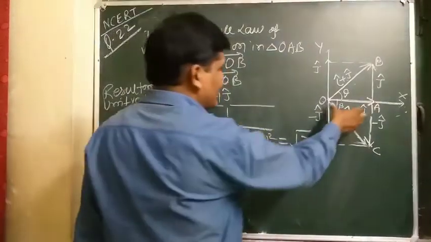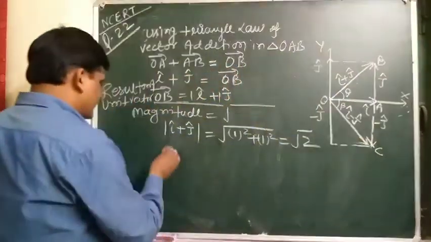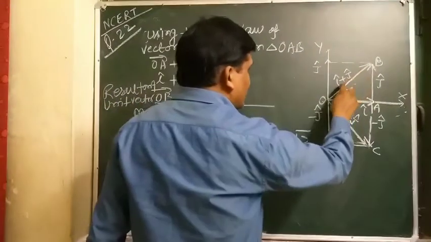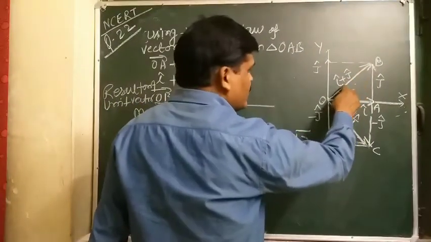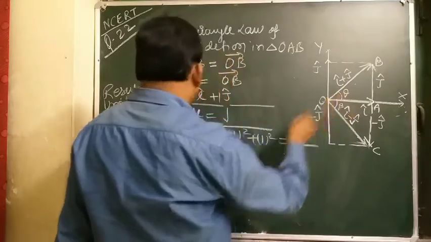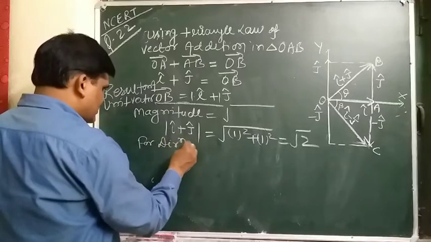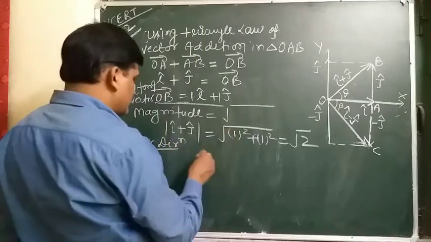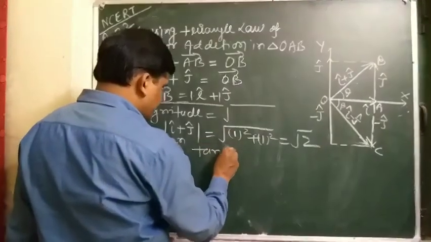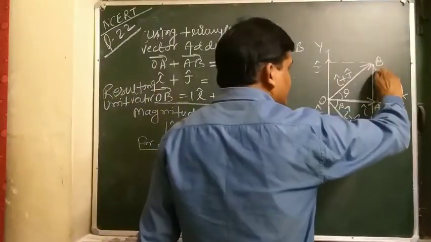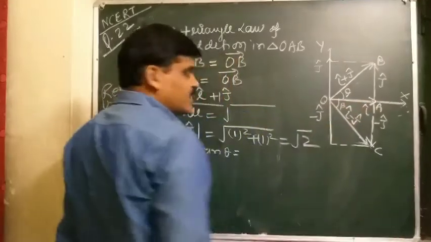Direction, tan theta. For the direction of the resultant i cap plus j cap, what angle does it make with the x axis? So for direction, tan theta can be written as the coefficient of j cap by the coefficient of i cap.